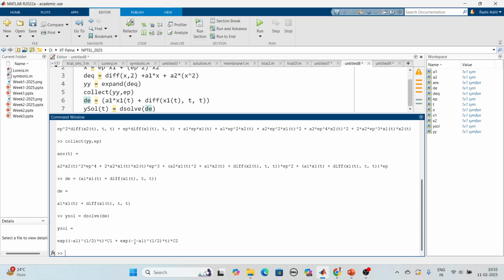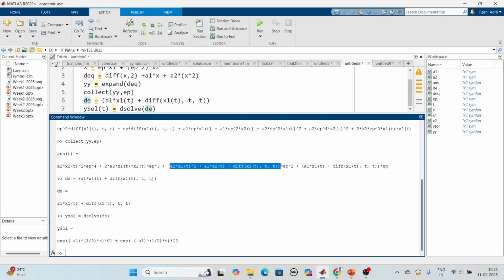Now I've got the ysol. Now I'll assume that my x1 is nothing but this ysol. Then I'll put x1 in my second expression, which is the second differential equation with respect to x2, and I will further get the proper dE. Then I'll again use dsolve to get the expression of x2.